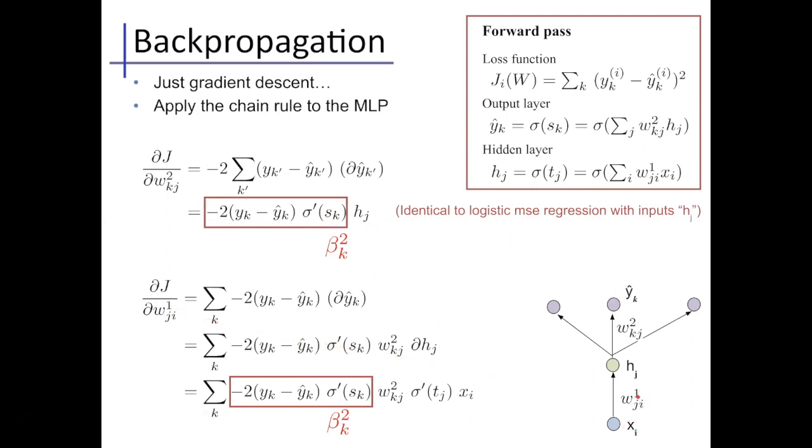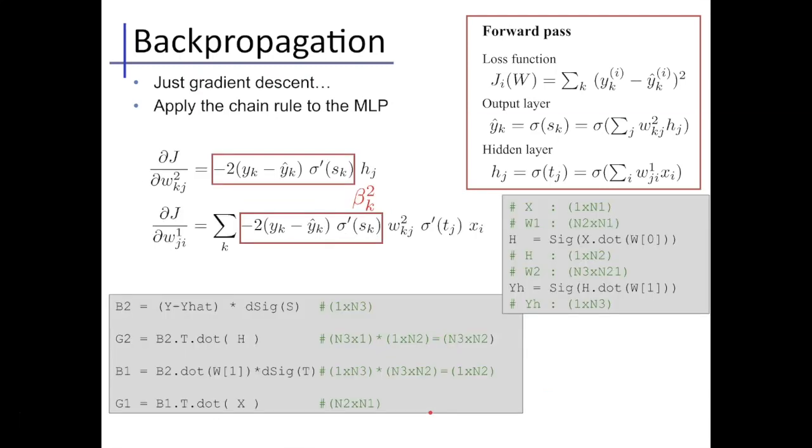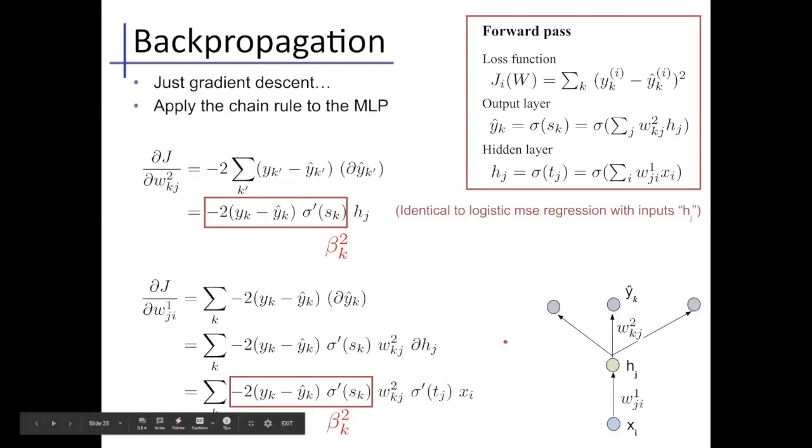And I can update these error signals and assign error signals associated with all the hidden neurons. How do I do that? Once I have the error signal associated with the output neurons, I can update the error signals here through this transformation. So these are a set of parameters I need to use here. And if you do that, then implementation becomes much easier.